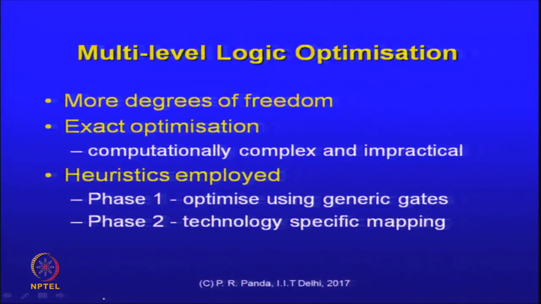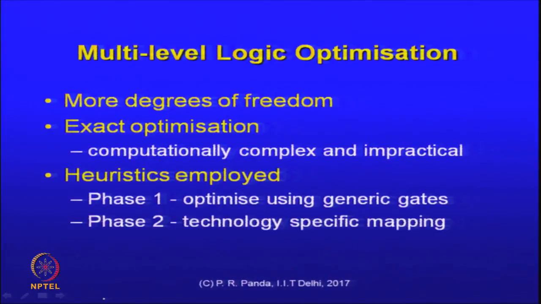So, this is where the target architecture, the target library and so on, all of those come into the picture. But in the first phase, we just try to perform a number of optimizations, just keeping high-level objectives like literal count, for example, in mind. So, we will look at both of these in that order.